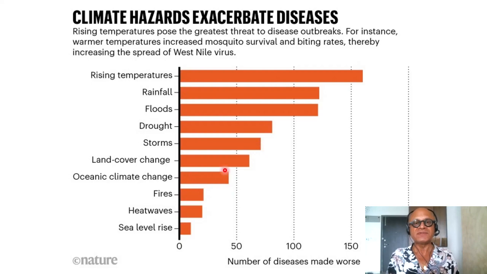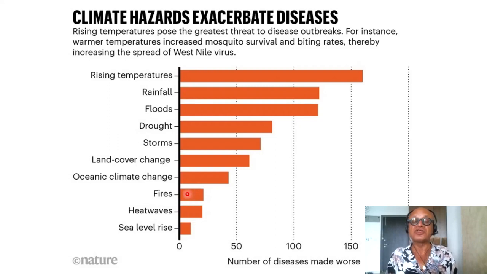Land cover change, vegetation change associated with mosquito population change or pathogen change, contacts with humans, so zoonotic diseases as well, and so on. Oceanic climate change can work through harmful algal blooms, pathogens, and so on. Fires bring smoke hazards, increase PM 2.5, cardiovascular diseases, and such.